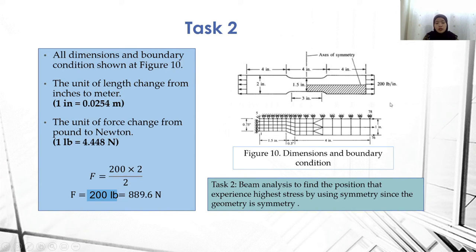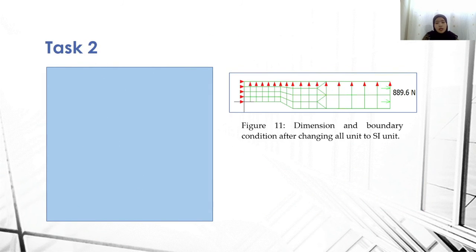Converting 100 pounds into Newton, it is equivalent to 889.6 Newton. Here are the dimensions and boundary conditions after changing all units to SI units. As we can see, the force applied at the end of the model is 889.6 Newton.